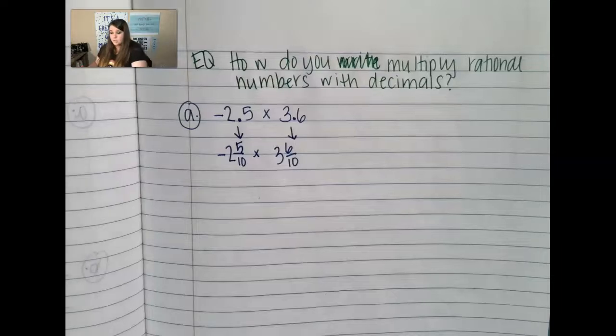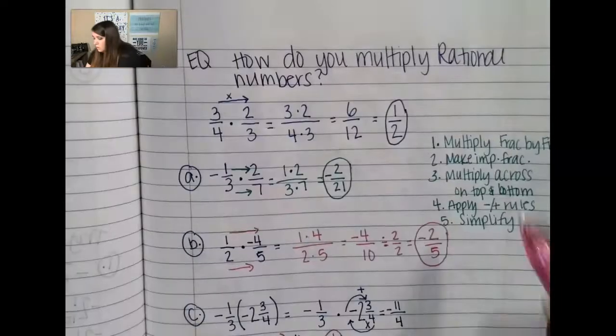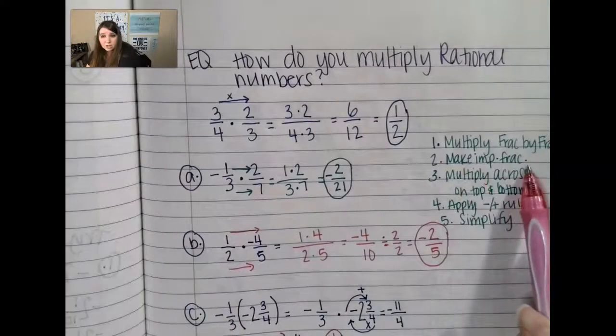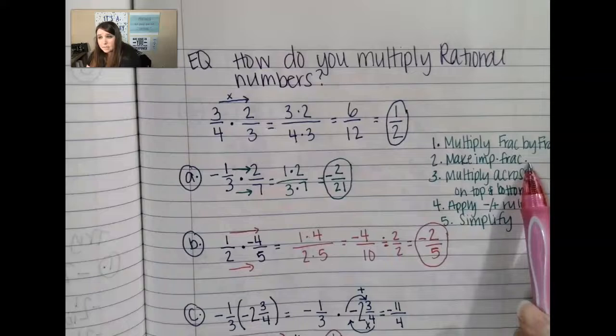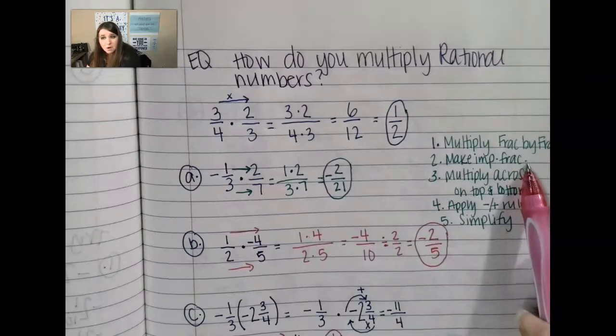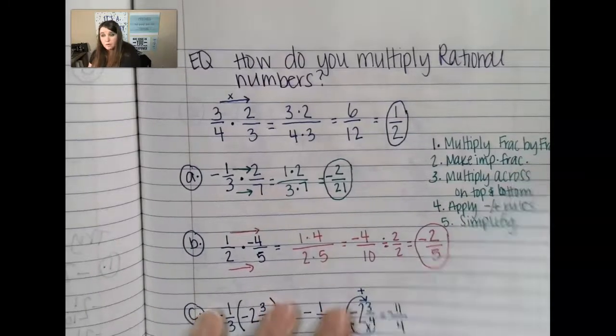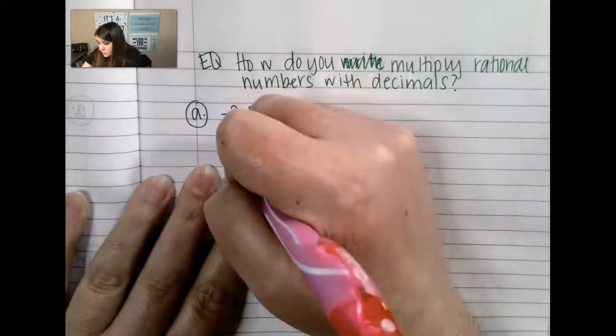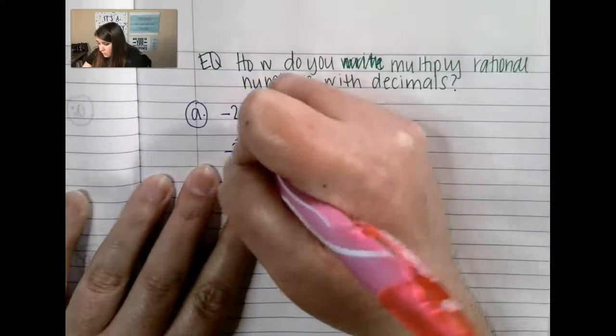Now, our next job is to make improper fractions. Just like our last lesson, we had to make sure that we're multiplying a fraction by a fraction, and if not, we make them. So we're going to multiply and add.